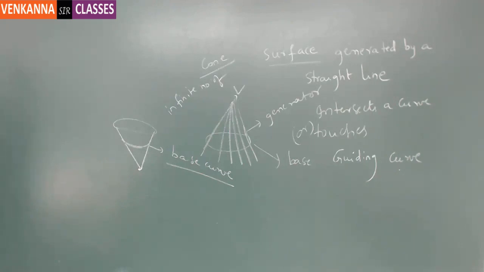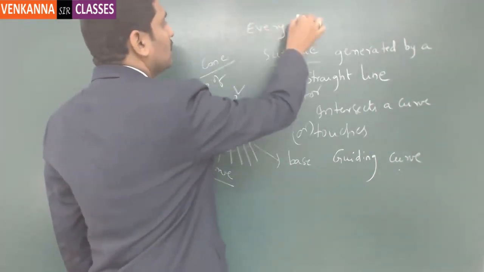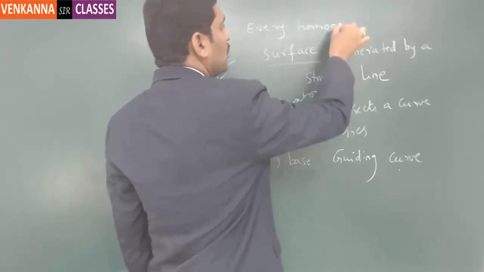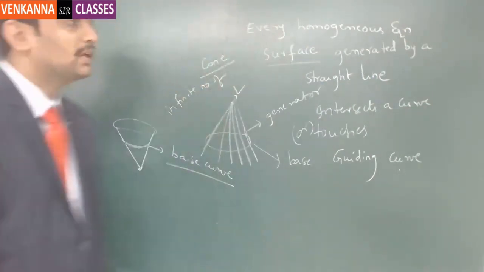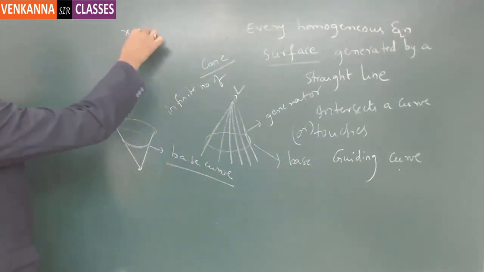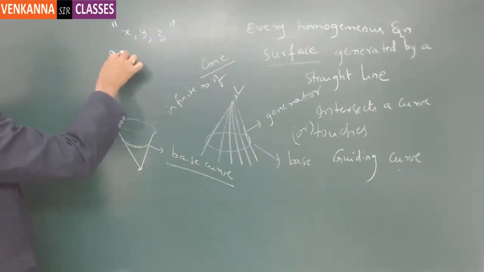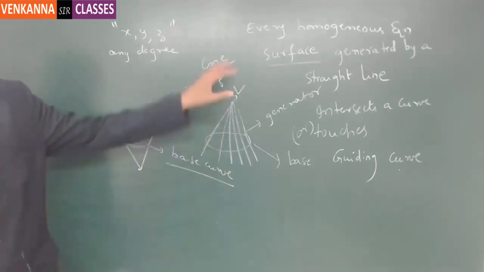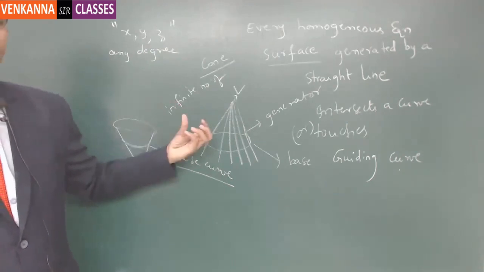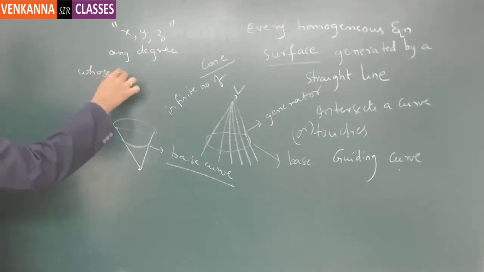Right? Now, if we look at the properties of the cone, every homogeneous equation in the variables x, y, z having any degree, that we call a cone whose vertex is origin.